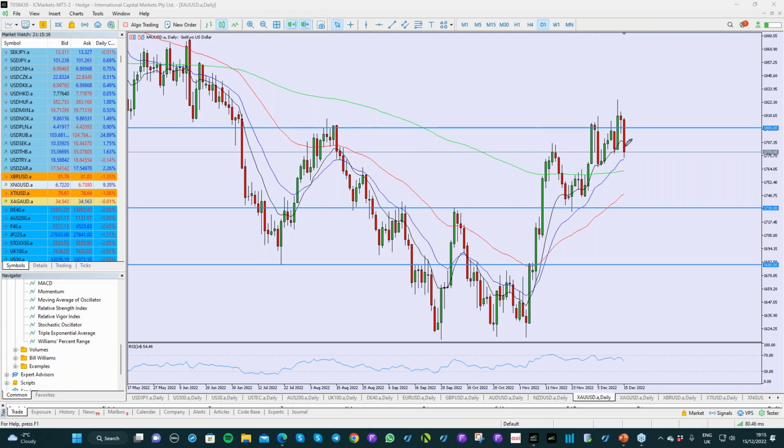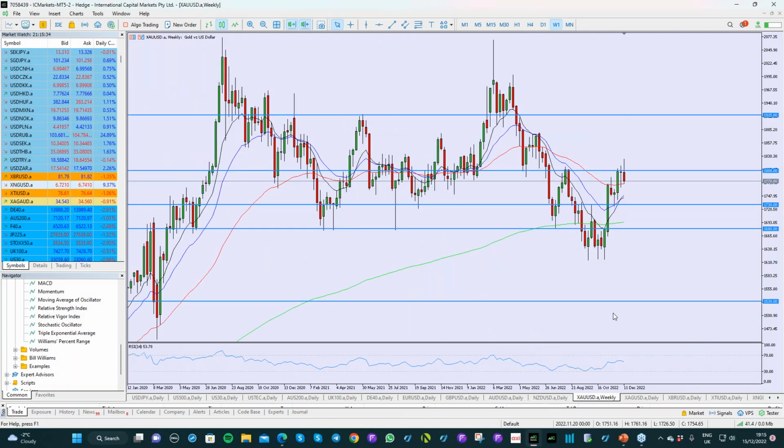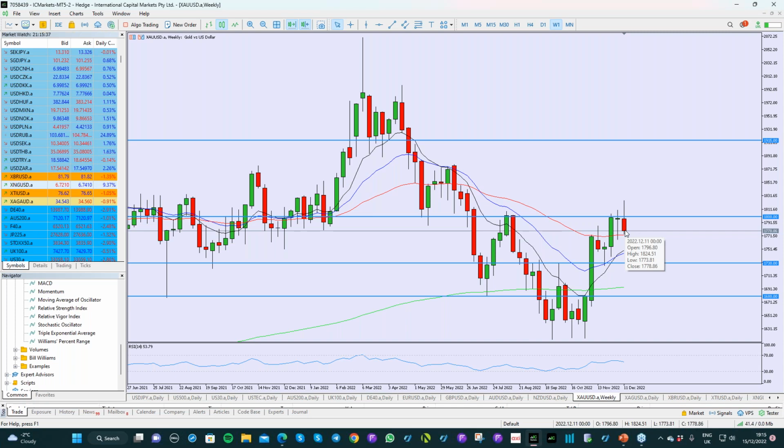So with that said, my preference would be for price to actually turn around here and perhaps have a bullish day tomorrow, close back above this level here. If we just go back to the weekly time frame, if the weekly candle can come back up and close above this level, then there is the potential for a follow through during the following week or two for further price action to the upside.